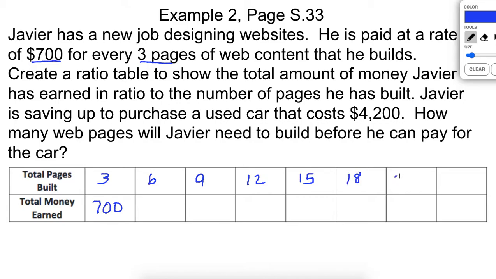18, 21, and 24. And then we can add 700, which would be 1400. And these are going to be multiples of 7. So that would be 21.